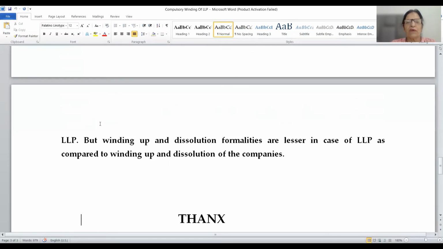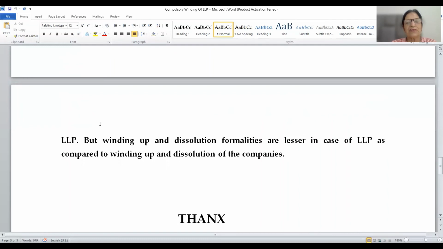So I have talked about various grounds, who can file a petition, what the powers of the tribunal are on hearing the petition, and then which are the various steps involved in the compulsory winding up of LLP. So 3 questions can be asked from this chapter, friends.